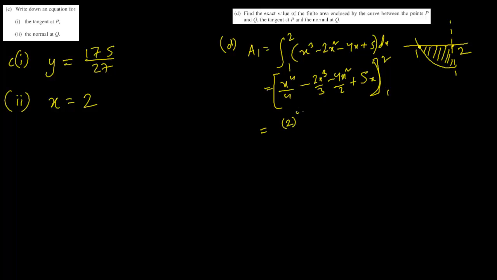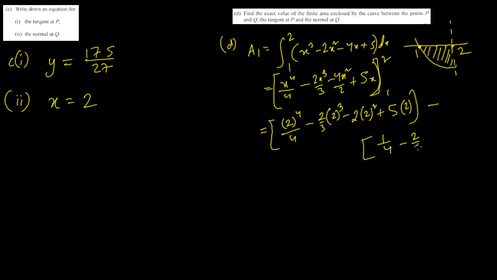So this would be 2 to the power 4 by 4 minus 2 by 3 times 2 to the power 3, minus, 4 divided by 2 is 2, times 2 to the power 2, plus 5 into 2. This is the upper one. Subtract from it the value at 1. 1 to the power of anything is 1. So this would be 1 by 4 minus 2 by 3 minus 2 plus 5.